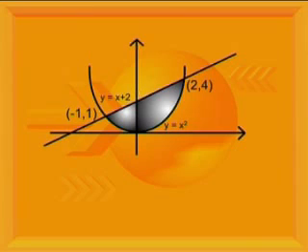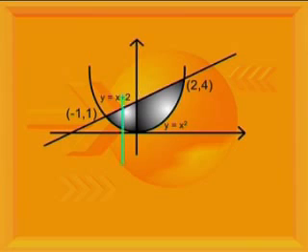These points can be obtained by solving the equations of these curves simultaneously. Now the integration first with respect to x will be difficult. You can see from the figure. So we decide that we will integrate it with respect to y first.